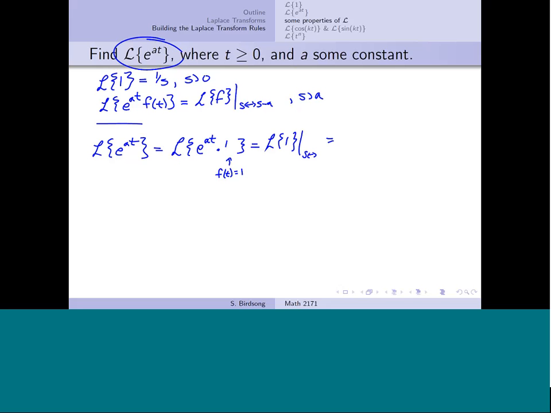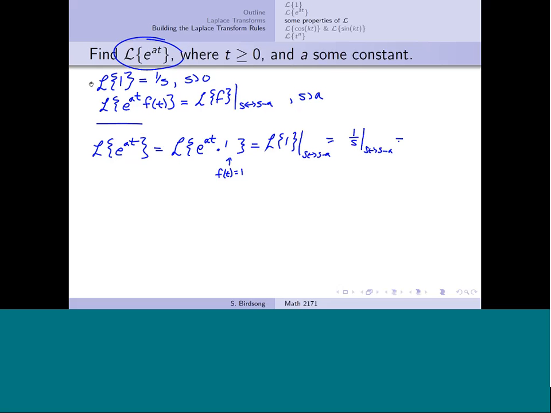So what did we say the Laplace transform of 1 was? Hopefully you were all thinking 1 over s, from right up here. So I'm going to write down 1 over s. Now, we still have to switch out the s with s minus a.